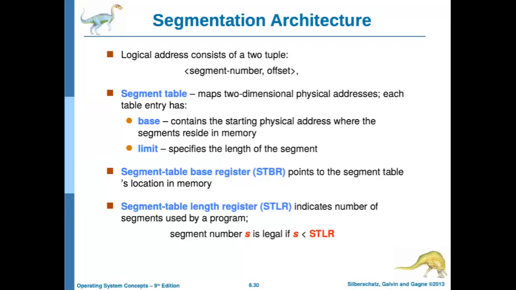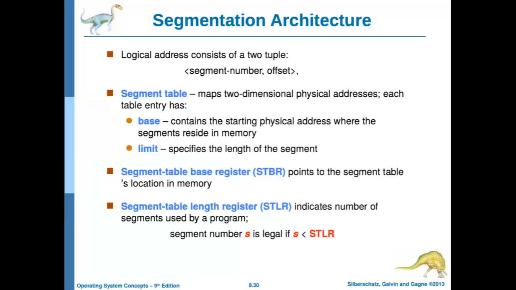On the same line, we pass the segment table base register, and in order to stop, there will be one more register called the segment table length register. That will indicate how many records are there in that table. Each record corresponds to a single segment, so that will indicate the number of segments used by the program.